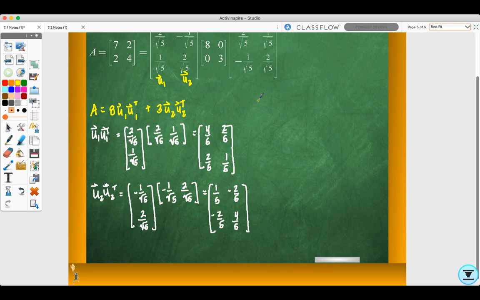Now I need to find A, which is 8 U1 U1 transpose plus 3 U2 U2 transpose.